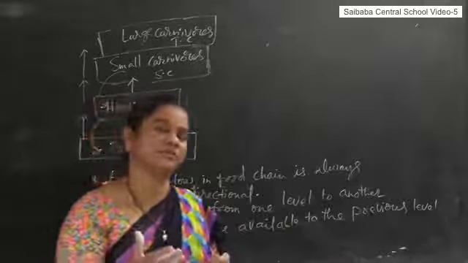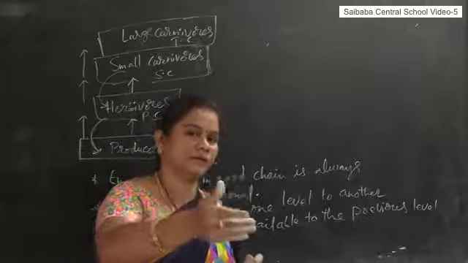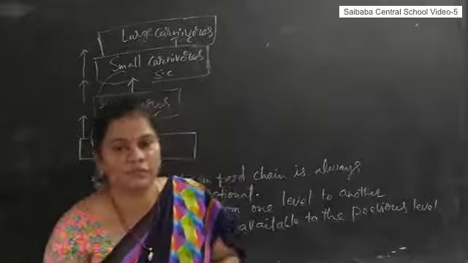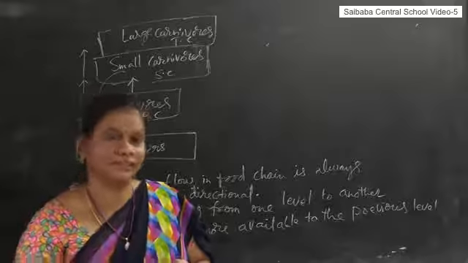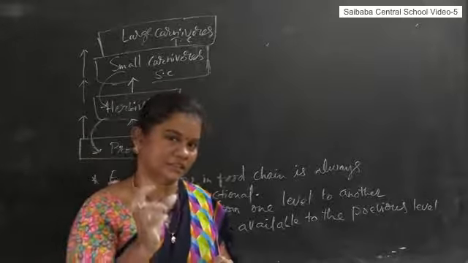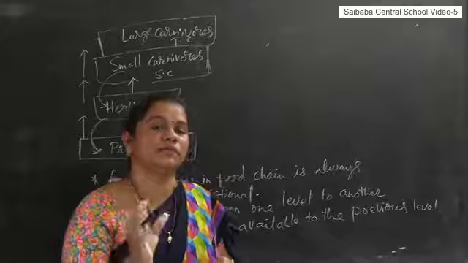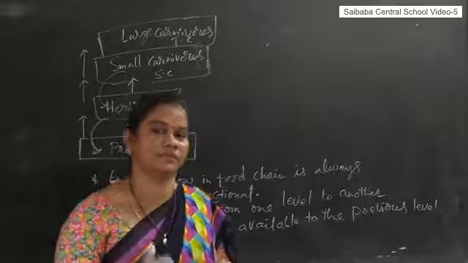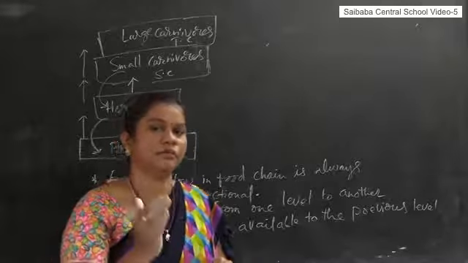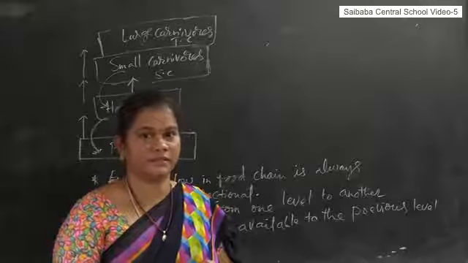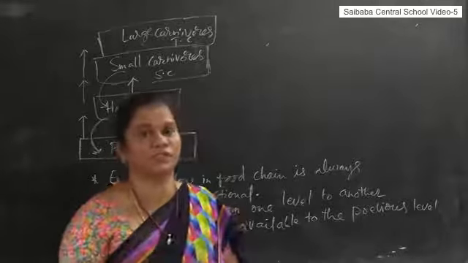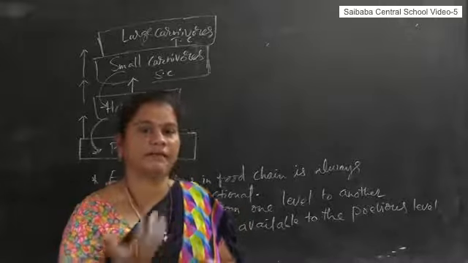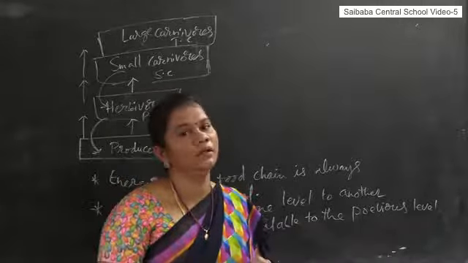When energy is progressing from one trophic level to another, it is no more available to the previous level. That is the explanation you should give when explaining this energy flow diagram. Is that clear? So that is about what is food chain, what is food web, and how energy is moving from one level to another.